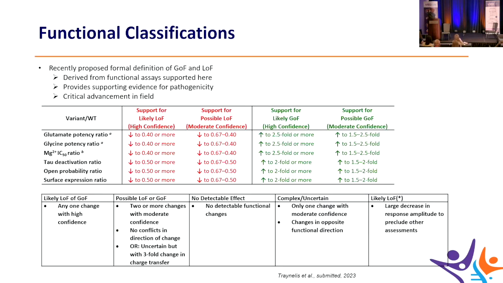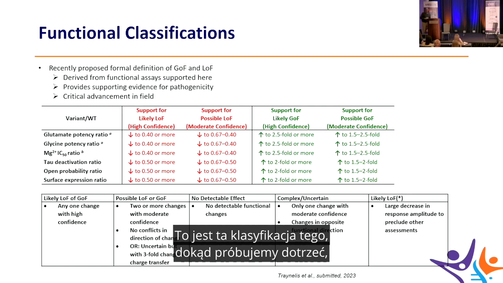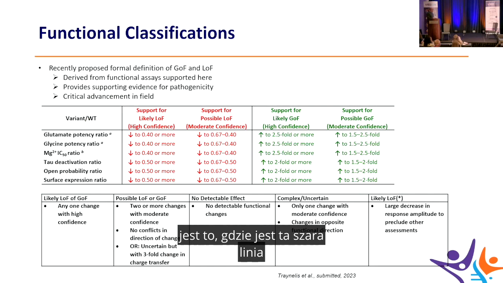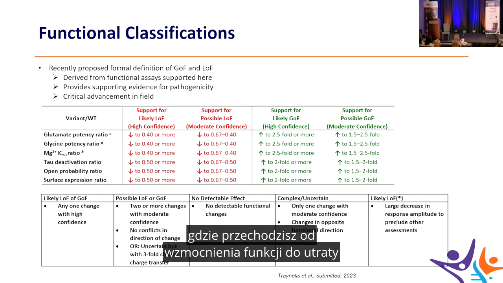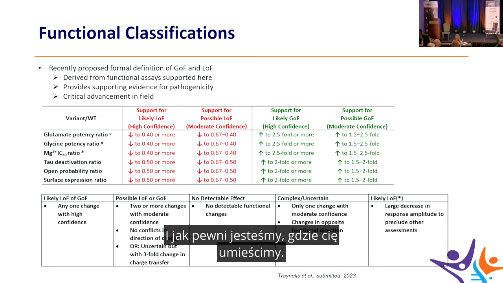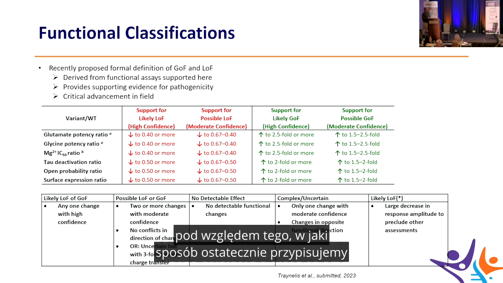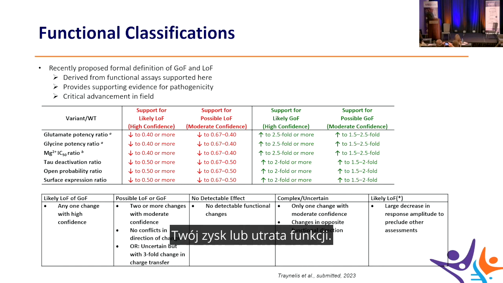So this is that classification of where we're trying to go: where is that gray line where you go from gain of function to loss of function, and how sure are we where we're going to put you? And so Steve has put together a nice initial stab at where we think this should be in terms of how we eventually ascribe to you your gain or loss of function.